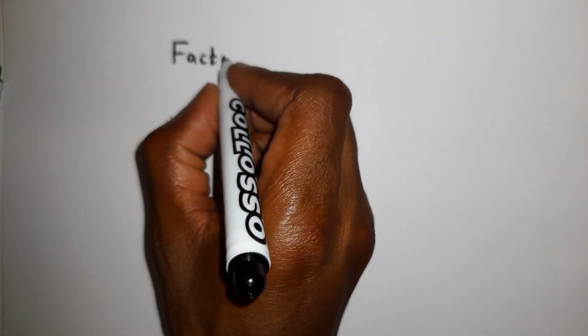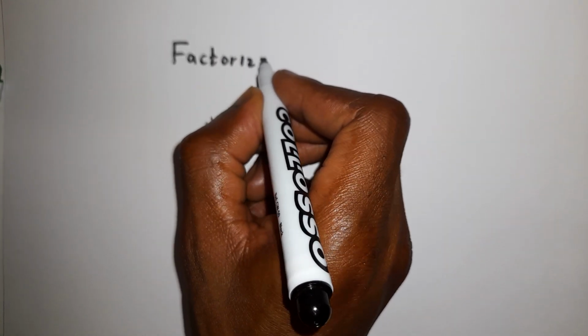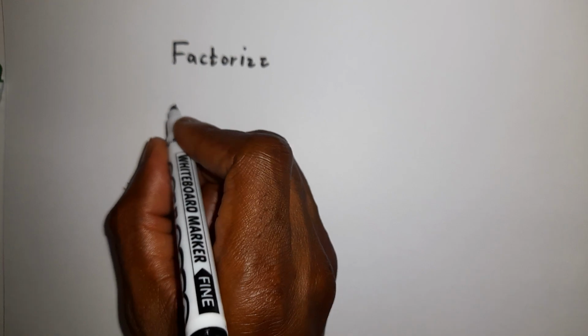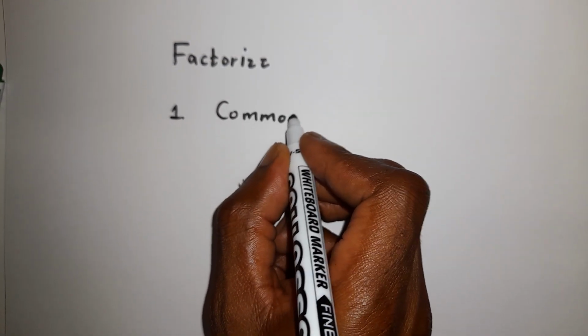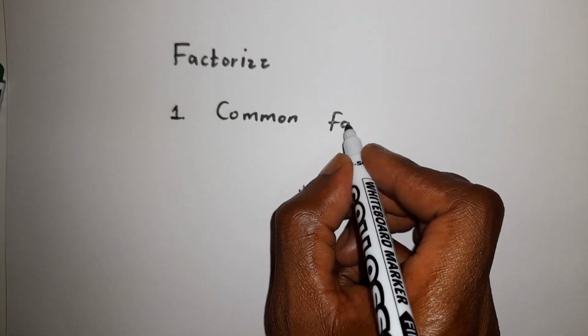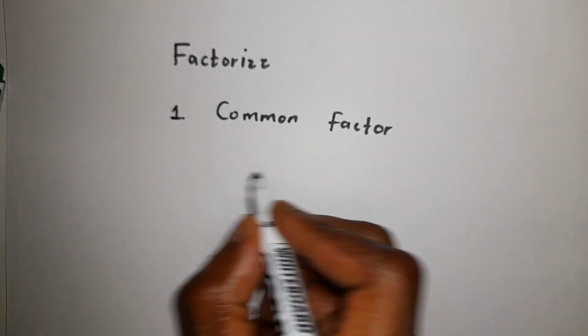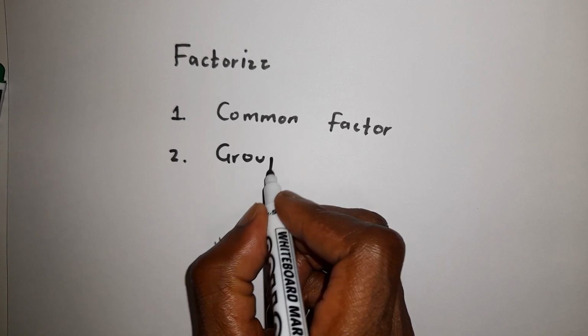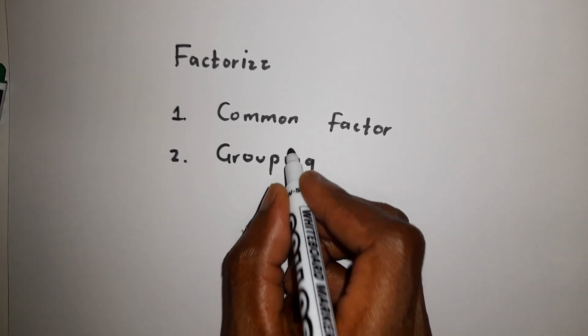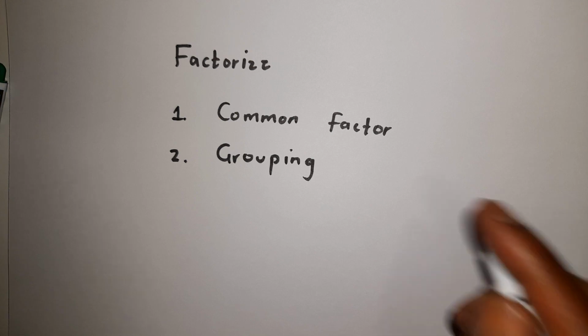Remember that whenever a question says factorize, grade 12s, grade 10s, you need to think of the following. Every time you have to factorize, the first thing to start with is to check if you can take out a common factor. Then if it fails, check if you can factorize by grouping.